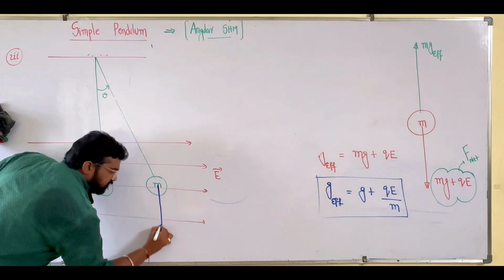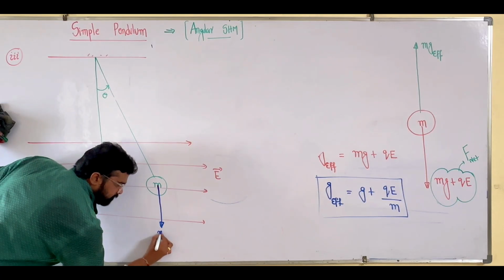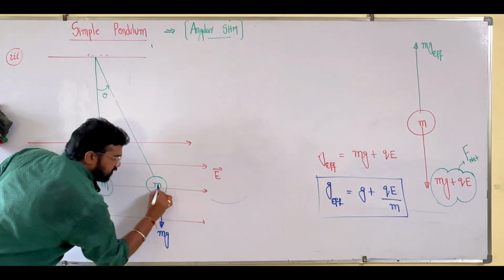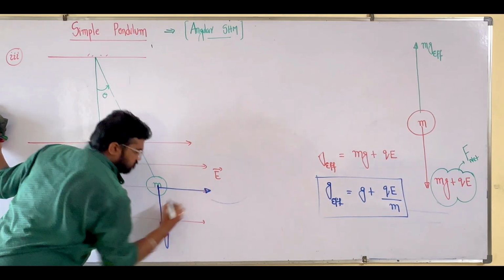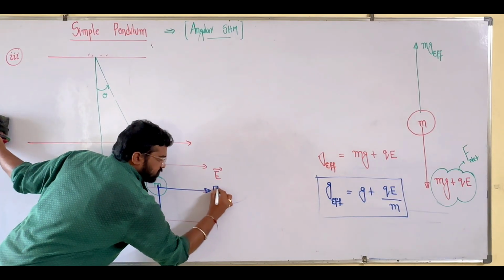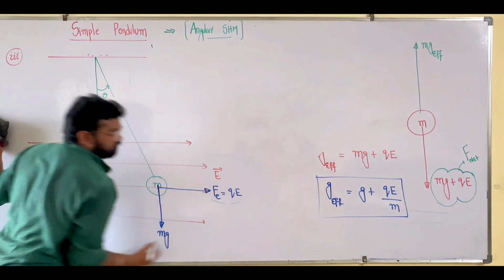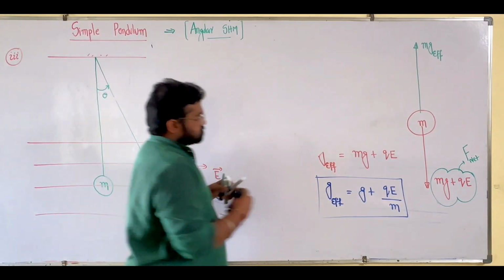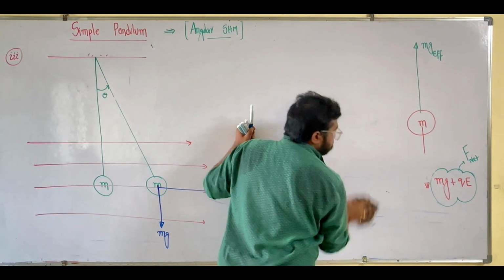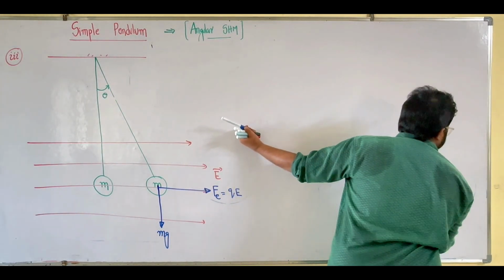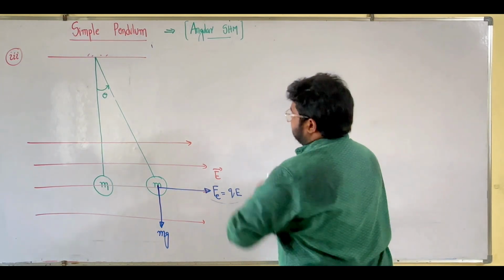Weight acts vertically downward. Along this direction, what will you get? Electrostatic force in the direction of the electric field.